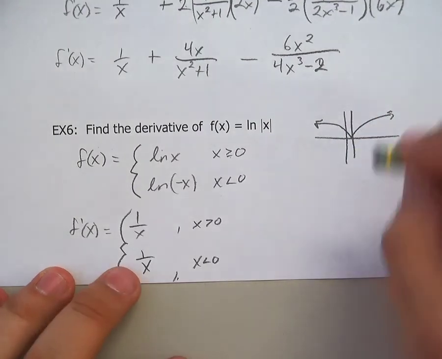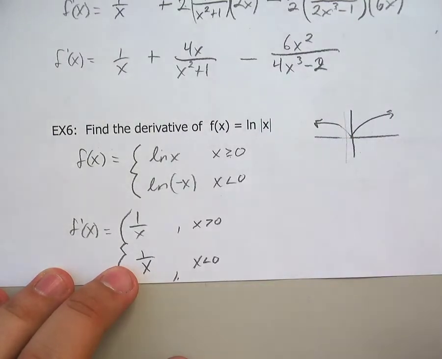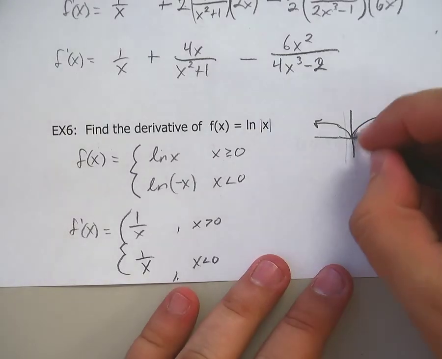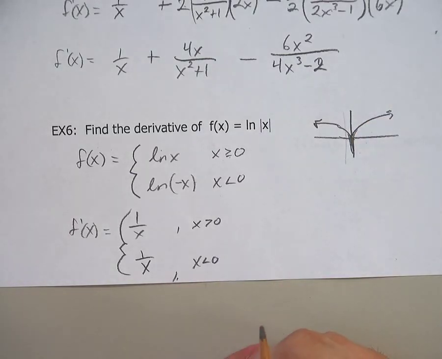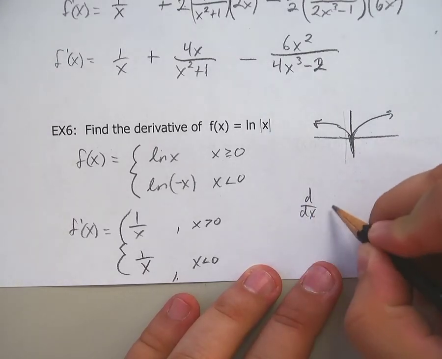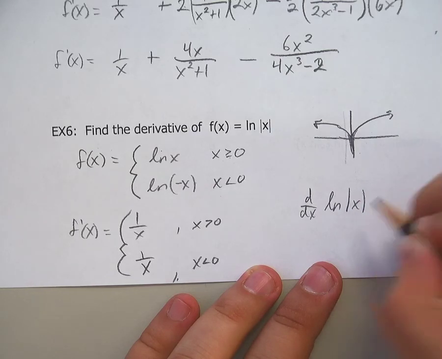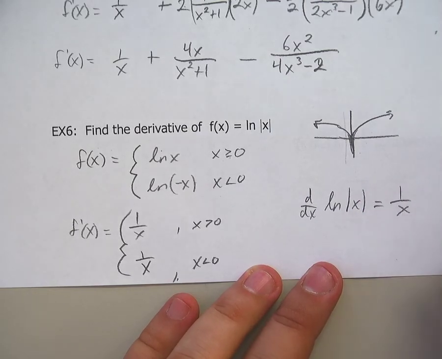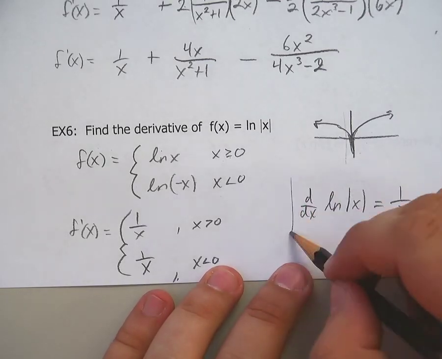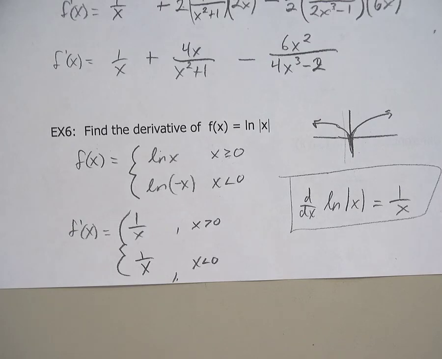It should look like this. Should come down like that, roughly. So the derivative, d dx, of the natural log of the absolute value of x is still 1 over x. Still works. And this is really what we're trying to get to there. So it still works. Have a good one.